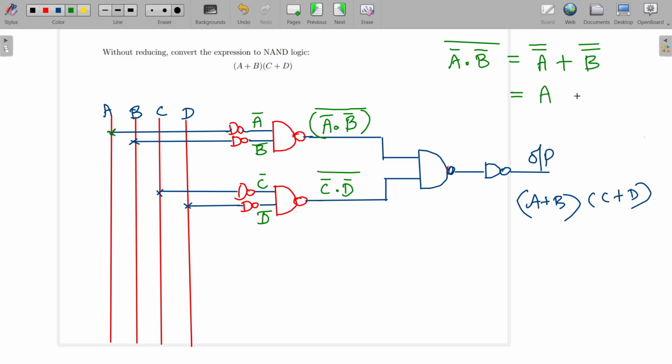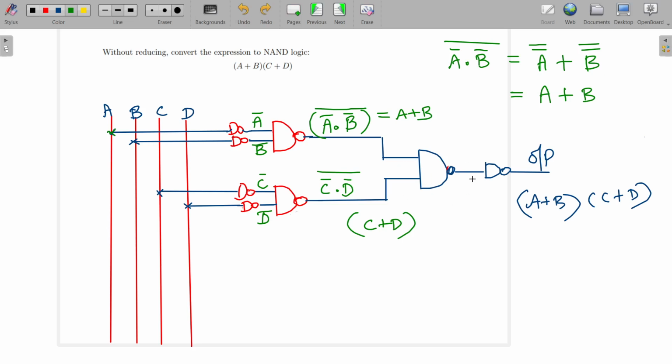A double bar is A, B double bar is B, so this is equal to A plus B. The same way, here you will be getting C plus D. These are the outputs of gates number 3 and 4. If you take this as 5, these are inputs to this fifth NAND gate. So A plus B and C plus D are the inputs to this NAND gate.